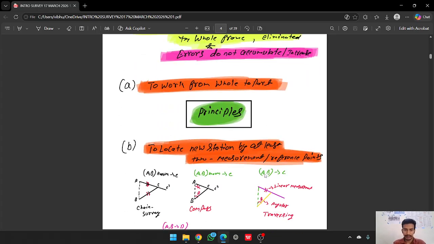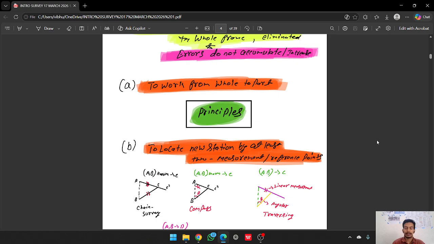And the second principle is to locate a new station by at least two measurements or reference points. If we have to locate a new station, we already know 2 points, like one angle plus another angle.